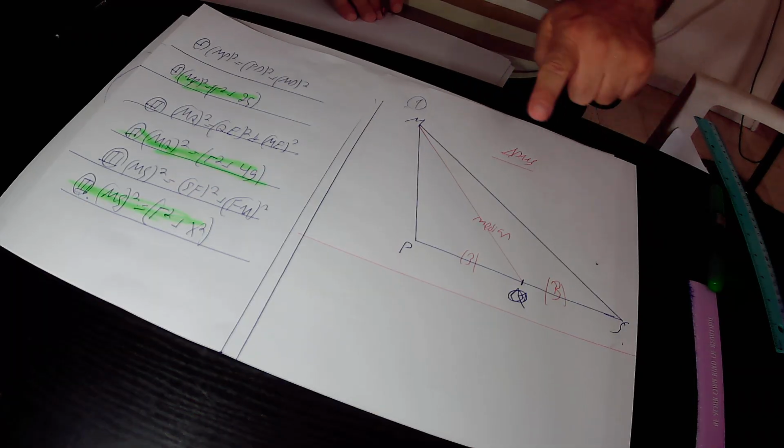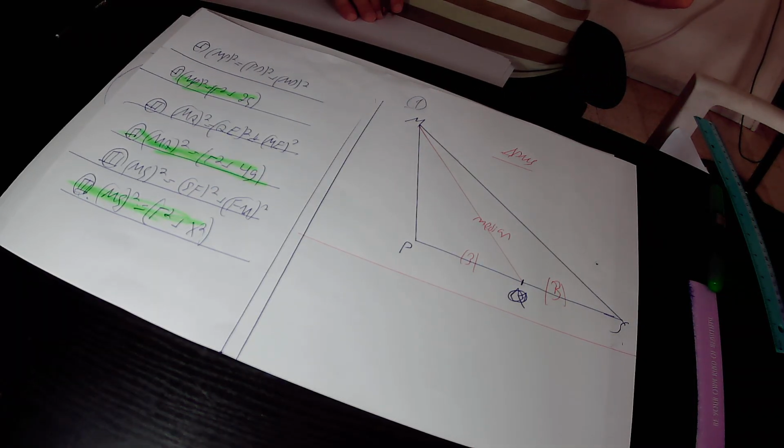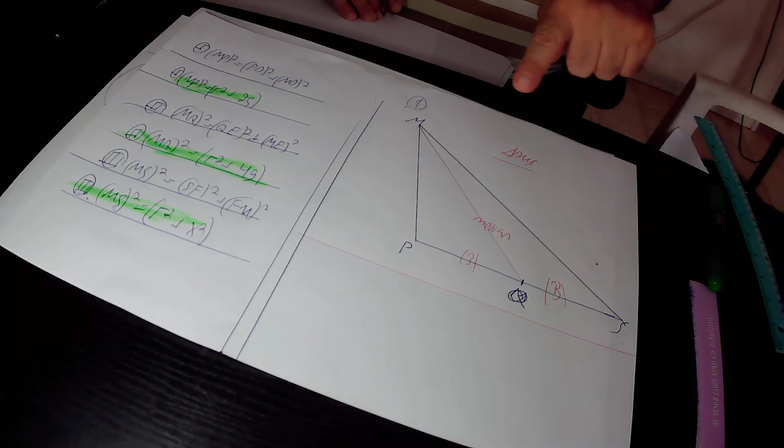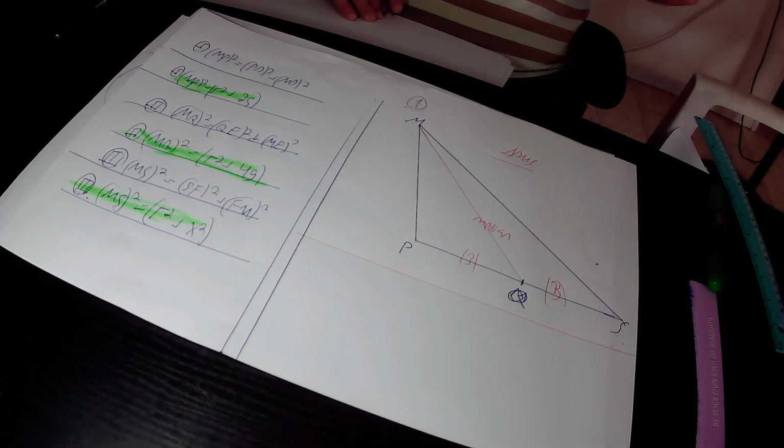PS is the opposite side of the vertex M, and the median MQ bisects PS into two halves. But the question is, what is the length of the median MQ? Actually, we have a special formula that will help us to find out the length of a median in any triangle.